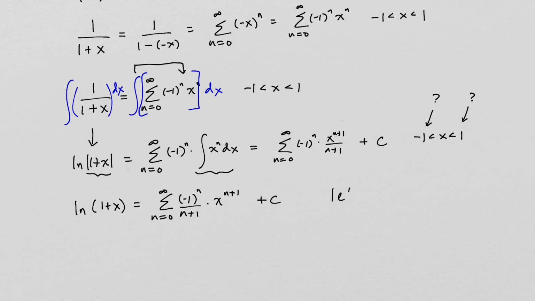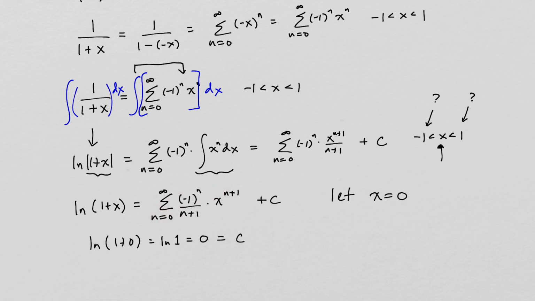Now, if I let x equal 0, which I can certainly do because that is in our interval of convergence, what we get on the left-hand side is the natural log of 1 plus 0, which is the natural log of 1, which is 0. And on the right-hand side, if I plug in x equals 0, this whole series becomes 0, because when you plug in 0 for x, everything becomes 0.